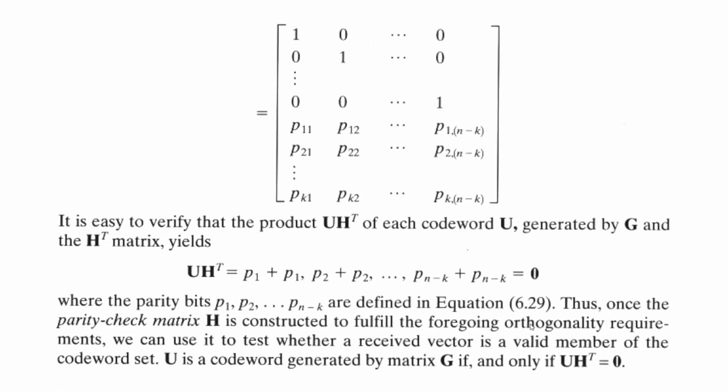What is the orthogonality requirement? It is G H transpose equal to the zero matrix. All right.